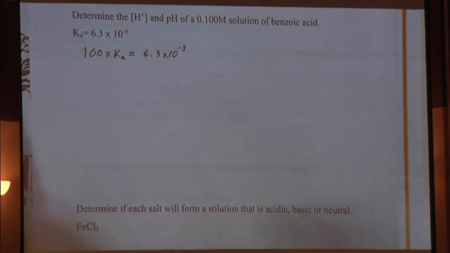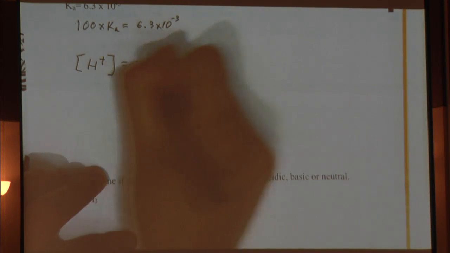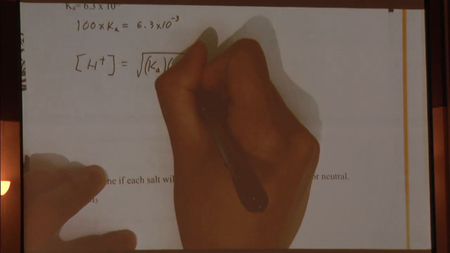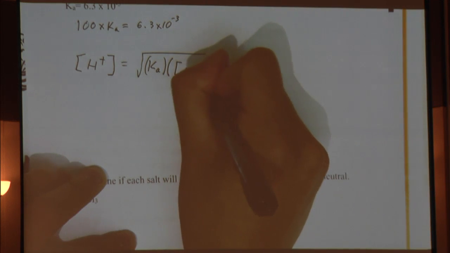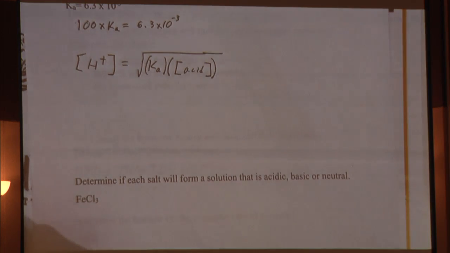And here we can just jump straight to the formula. The concentration of protons is the square root of our Ka multiplied by the concentration of our acid.